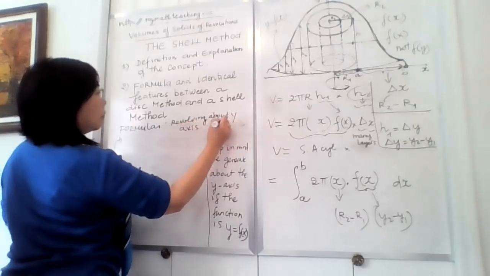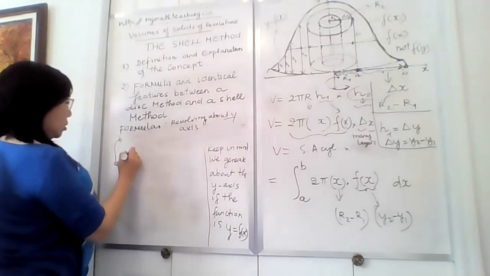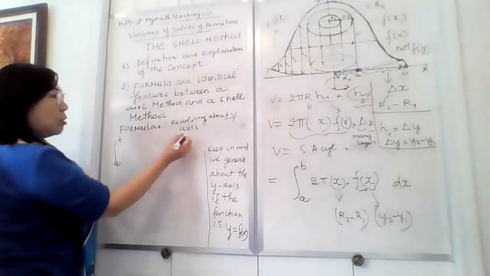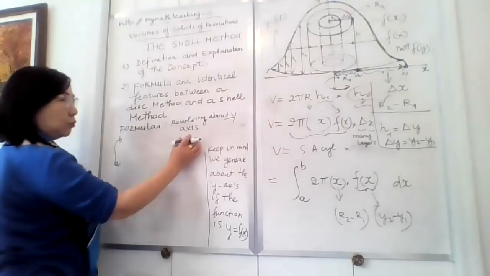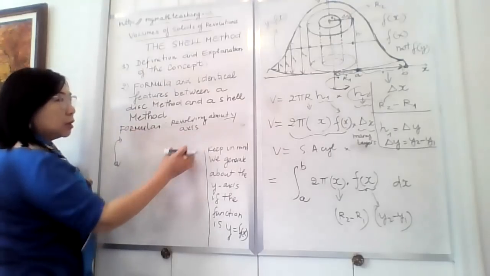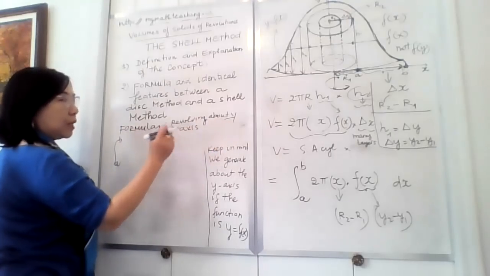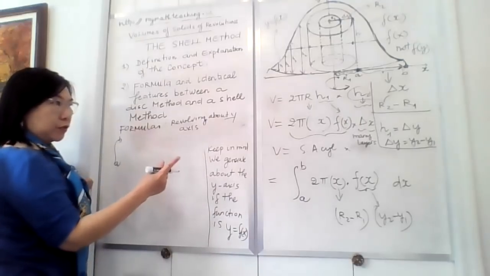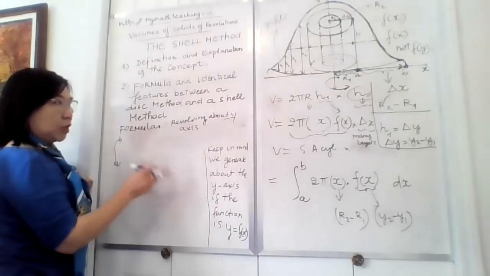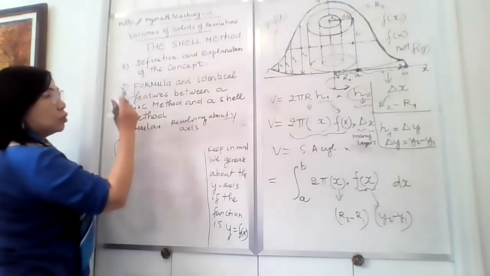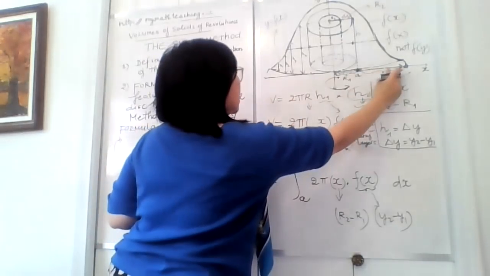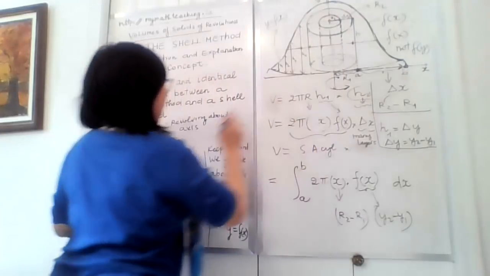And don't confuse, right? In the other method, if you're revolving about the y-axis, you have to reverse the function. But in the shell method, we don't reverse the function. We still generate along the x-axis here, but revolve about the y-axis.